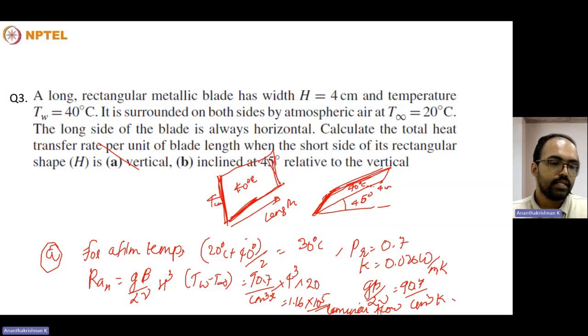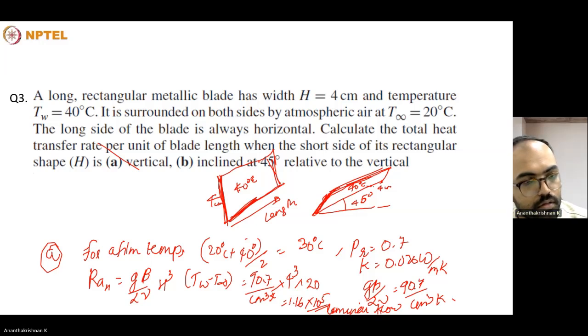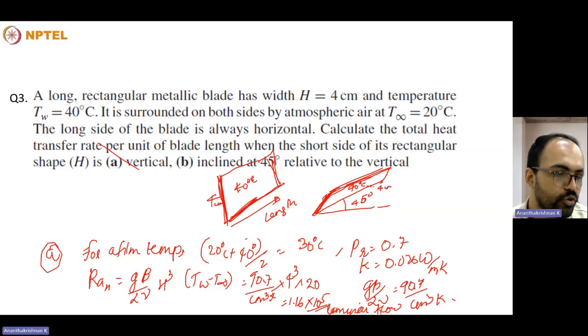The buoyancy-related force will be in a direction 45 degrees with respect to the normal case. So g should be resolved into x and y directions. We have to take the value of g resolved along the length of the inclined plate.